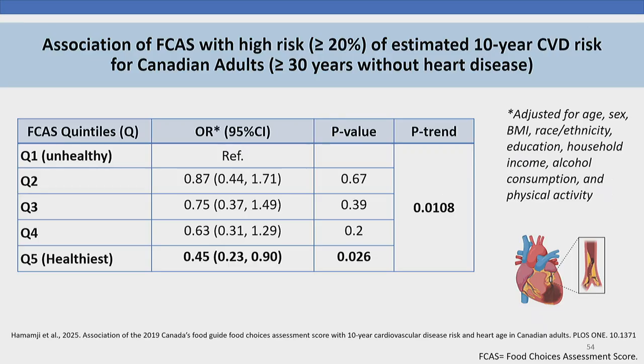Also, we saw that those who have a high score, which means they are eating healthy like what Canada's Food Guide recommends, have about 55% lower odds of developing heart disease within 10 years.